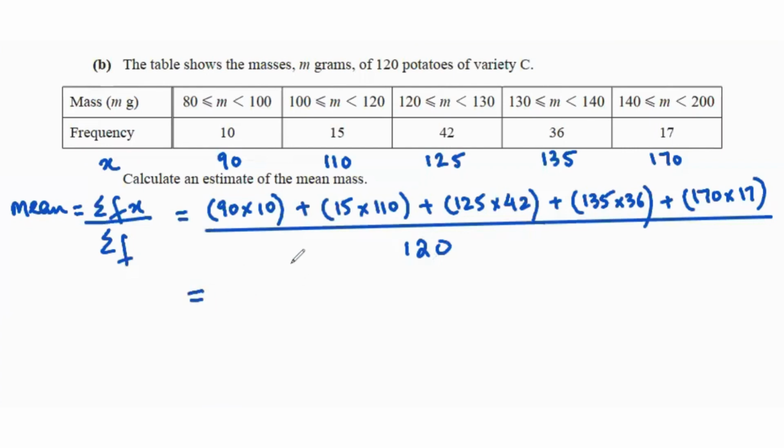So now if we solve this, that should give you 129.58 grams. Your numerator would equal 15,550 and your denominator is 120, which is already given. So you just plug it in the calculator and you would get 129.58.